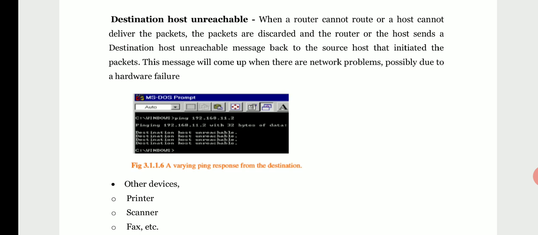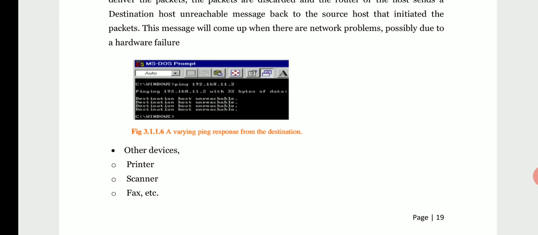This message will come up when there are network problems, possibly due to hardware failure. So you may get destination host unreachable when the hardware is having some problem. So this is the destination host unreachable response.